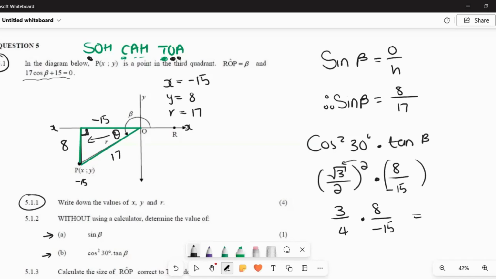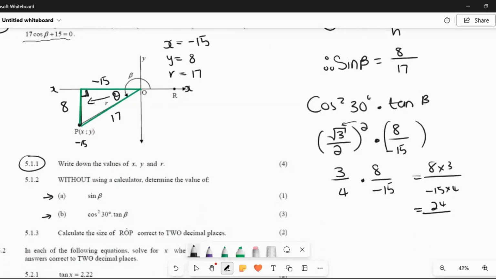Finally, our answer, we're going to have 8 multiplied by 3 over -15 multiplied by 4, which will give us 8 times 3. It should give us 24. I'm not quite sure, I'm just using my mind. And then divided by -15 multiplied by 4, which should also give us something like -60.